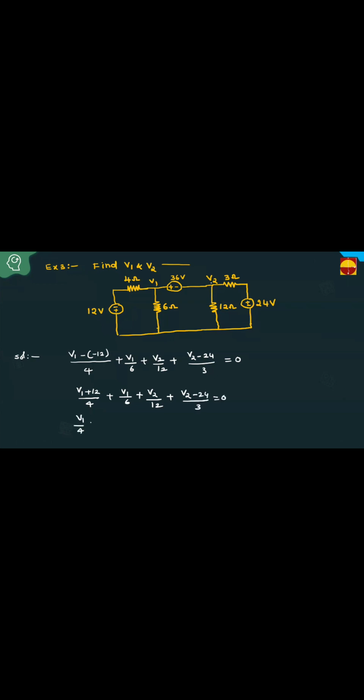That is V1 by 4, 12 by 4 is 3, plus V1 by 6, plus V2 by 12, V2 by 3, minus 8 equal to 0. Yes, you have to simplify this. Come on, do it.